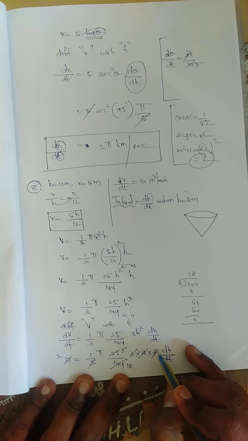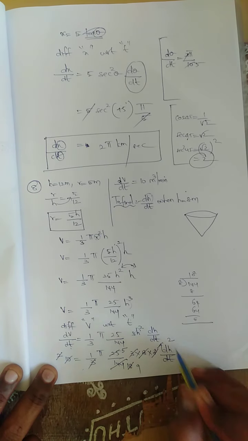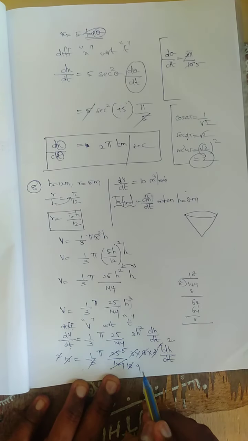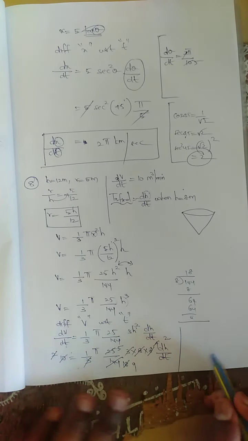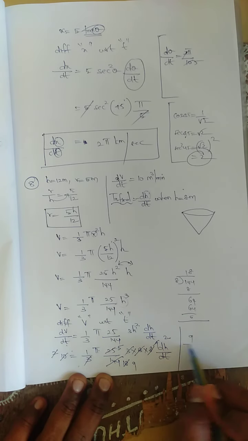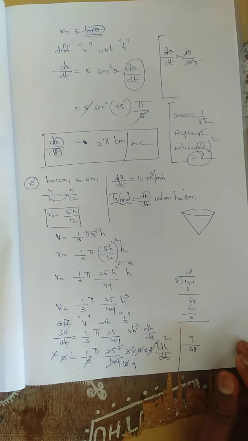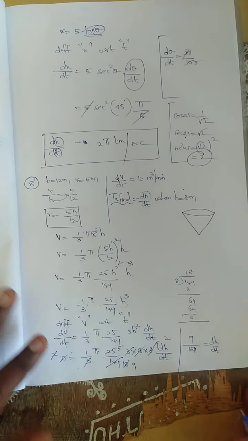This will become 4 times, and this will become 9 times. This one cancels 2 times. So 5 twos are 10, here 9. This 9 moves here. 5 twos are 10, and pi is present, so 10 pi. 9 divided by 10 pi is equal to dh by dt.